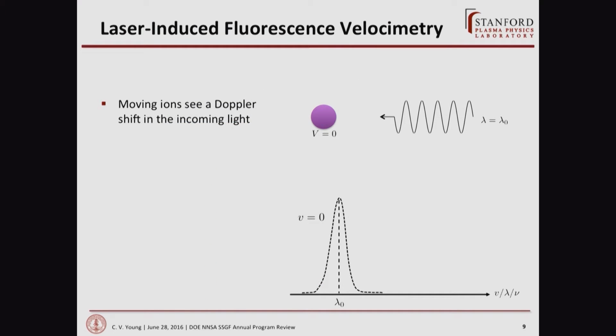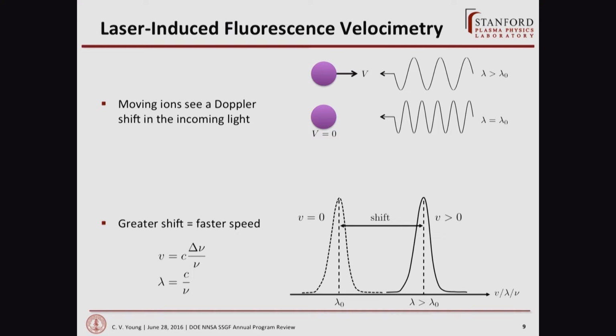There's another cool trick you can play if you want to get at the velocity of a flow. And that has to do with the Doppler effect, which is the same thing that makes the ambulance pitch change as it drives past you, right? If you have a stationary atom, you put light in right at that particular wavelength where it absorbs, and you'll get a nice fluorescence feature like this. But let's say that atom has a velocity in the direction of the laser beam.